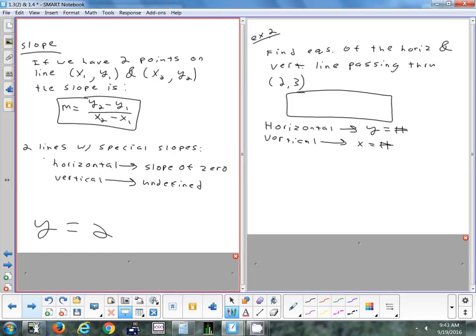I can graph that on the calculator. The equation of a vertical line is something like x equals -8. That I cannot graph on the calculator. So these are special cases. It's just y equals a number or x equals a number.